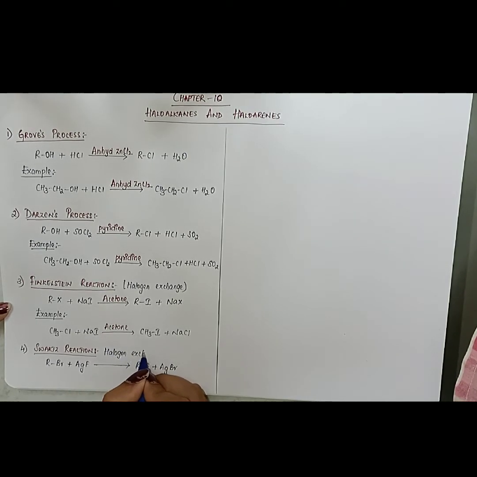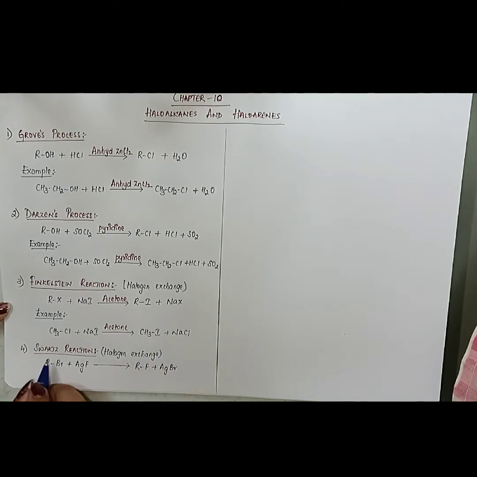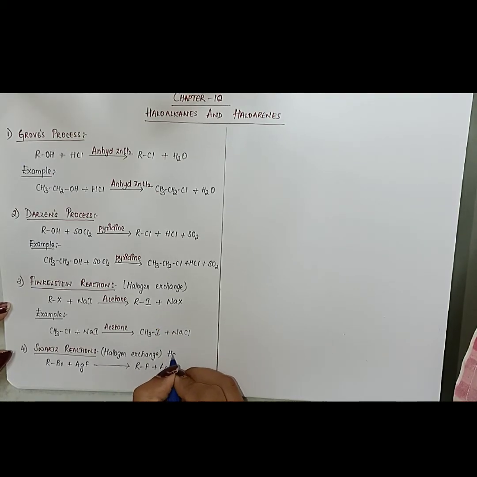So both Finkelstein as well as Schwartz reaction are halogen exchange methods. Now apart from using AgF, other reagents that you can use are Hg2F2. You can also use cobalt fluoride, or you can use antimony fluoride.